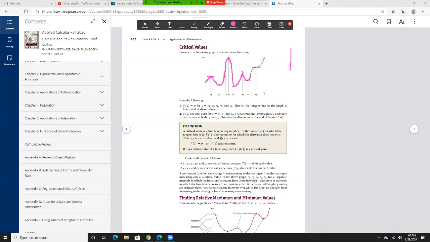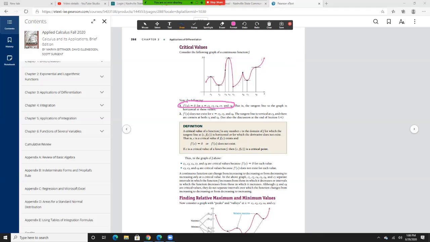And we're going to increase with positive derivatives here, and then we hit a 0 derivative at C8, which makes C8 a critical value. And then the graph is positive from here on out. So here's what the author says. Notice that the derivative is 0 when we get to C1, C2, C4, C7, and C8.